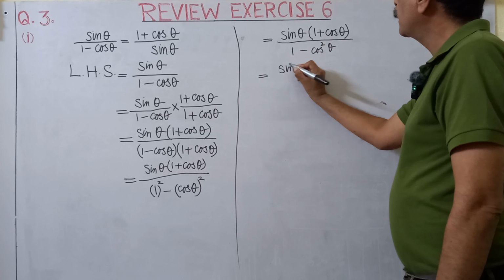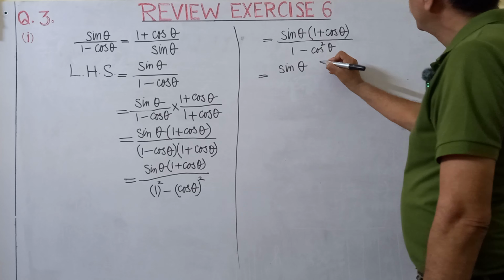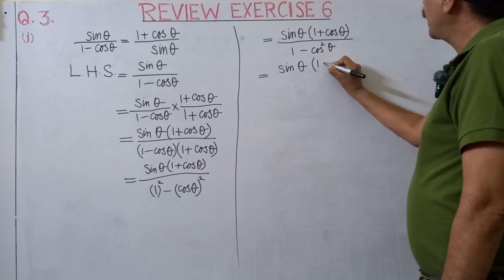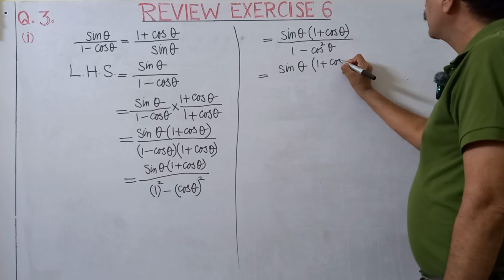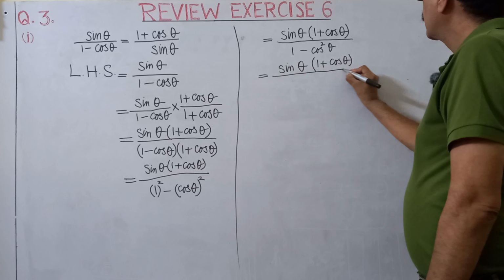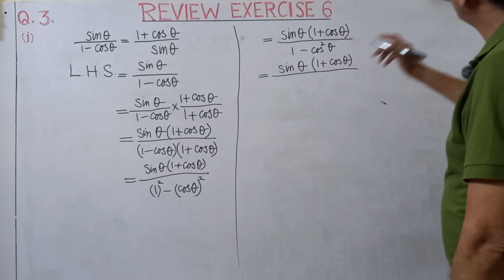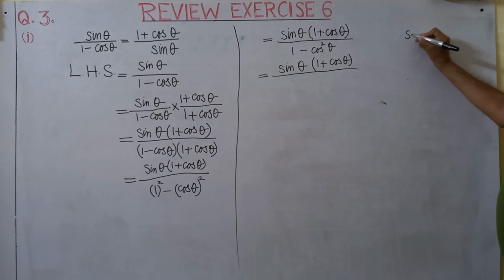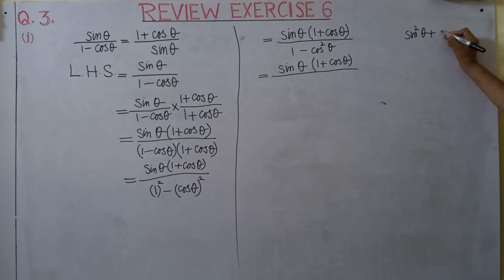Sin theta into 1 plus cosine theta over 1 is equal to what? Sin square theta plus cosine square theta is equal to 1.